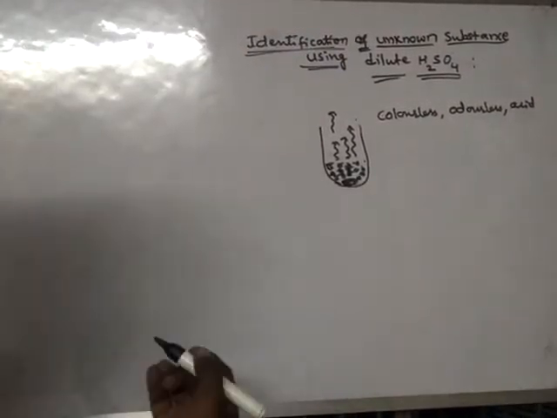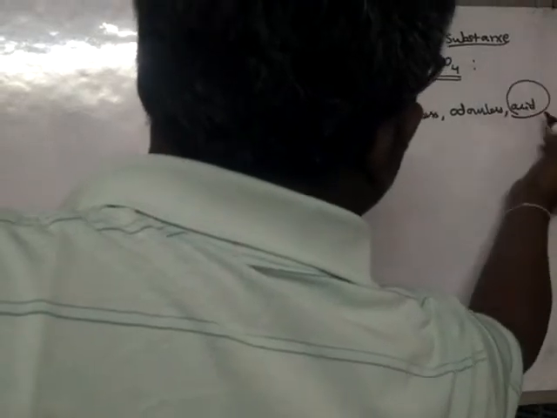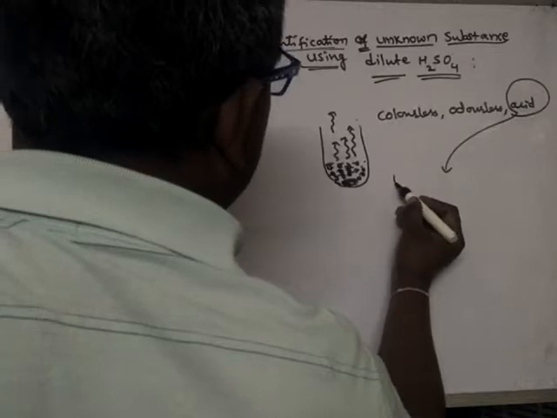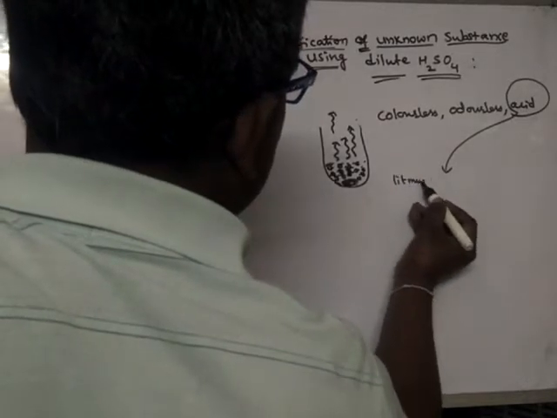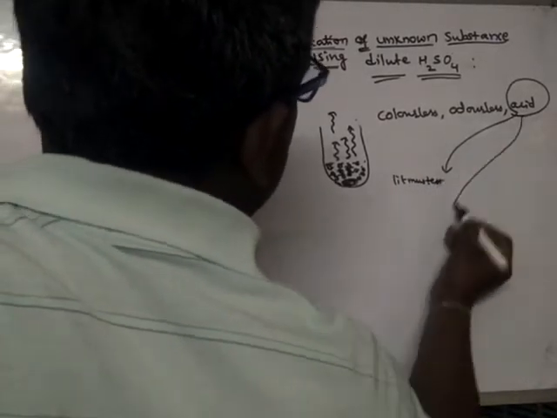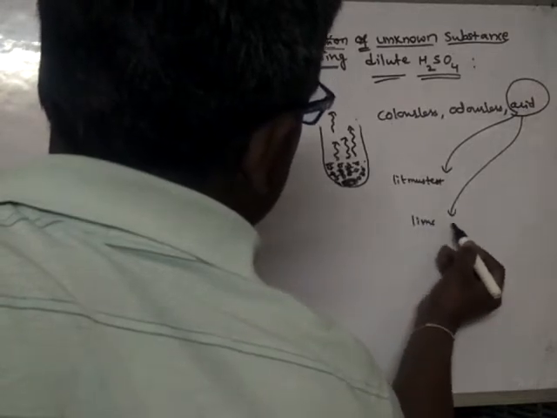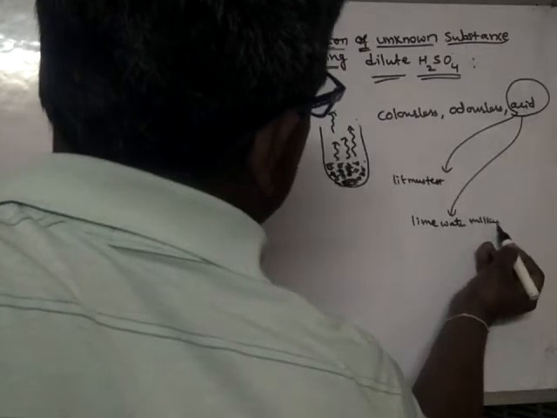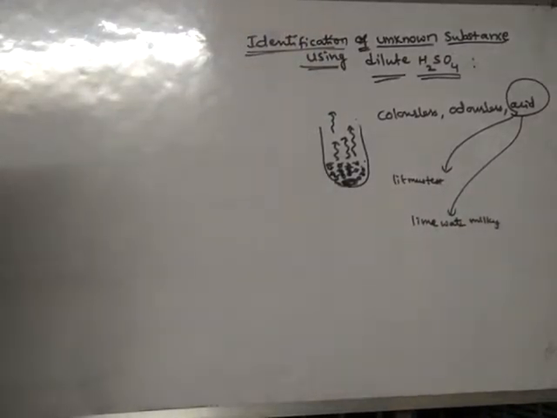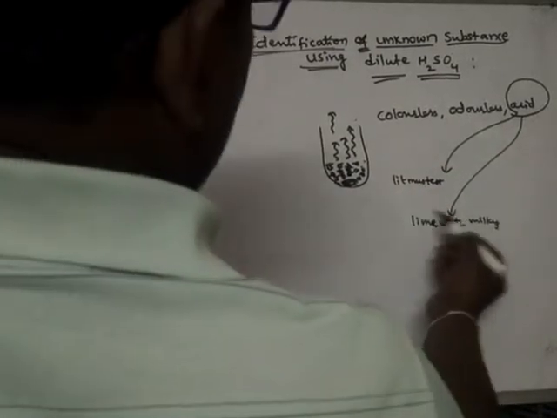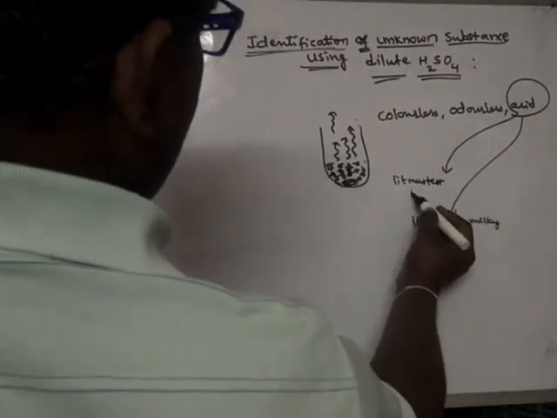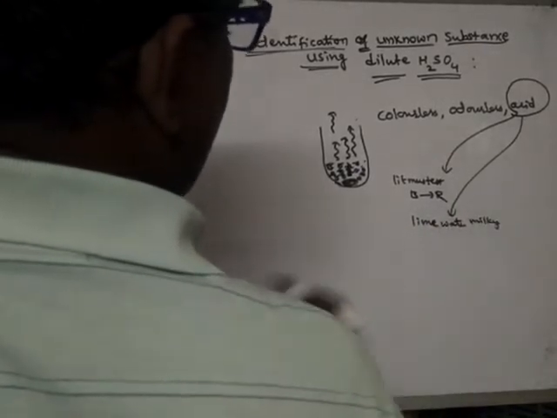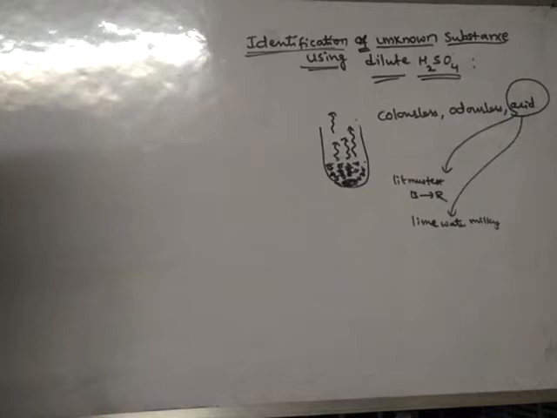This acidic nature of the gas can be known by using litmus paper, by the litmus test, by turning lime water milky. So blue litmus to red litmus. If lime water is turned milky, then the gas is acidic in nature.